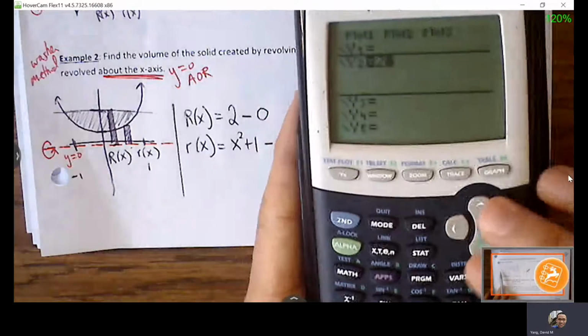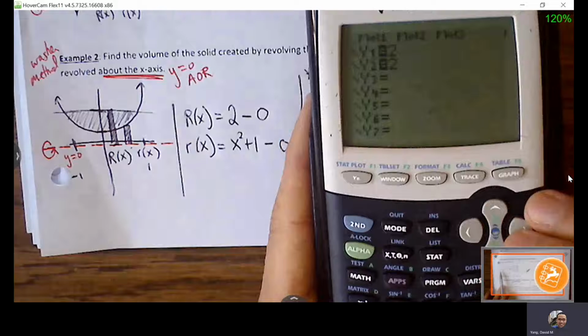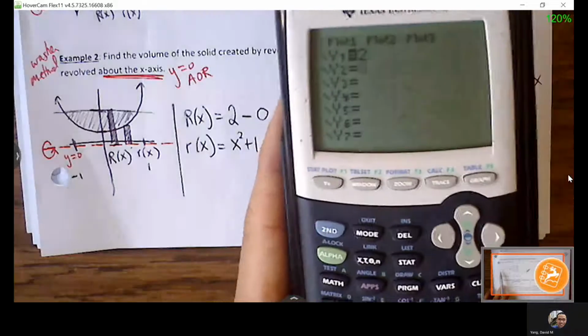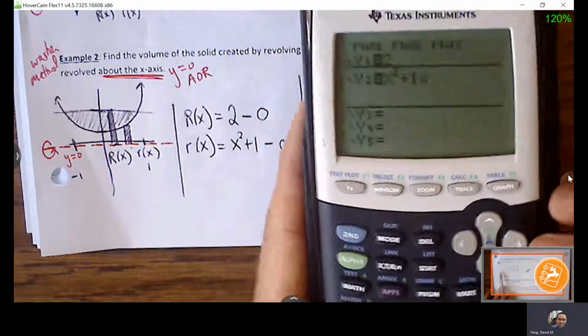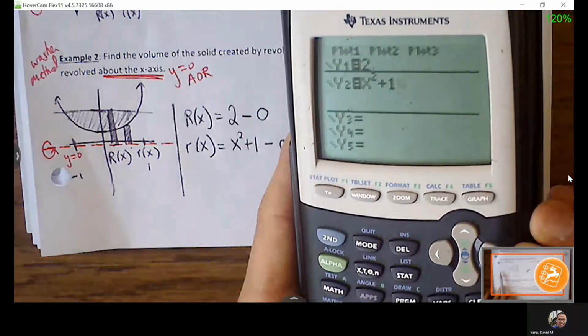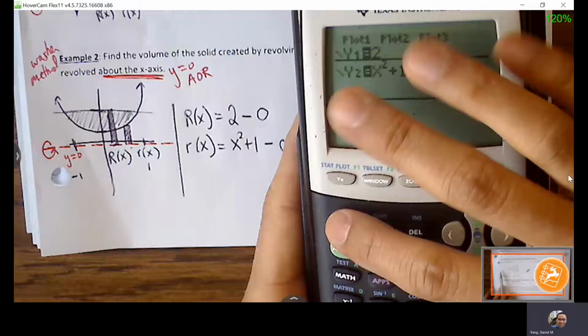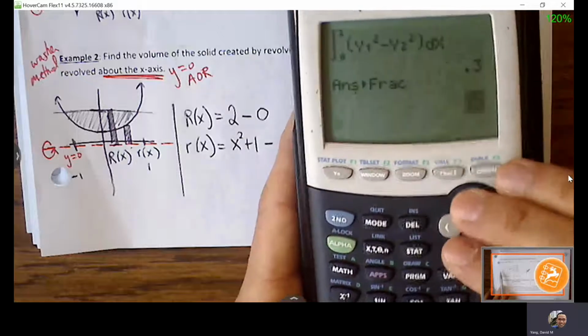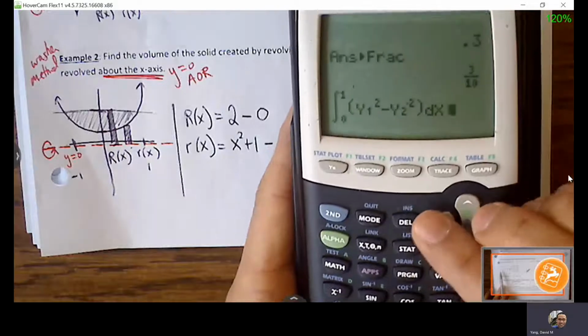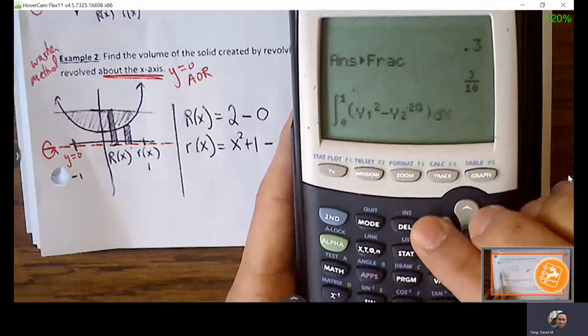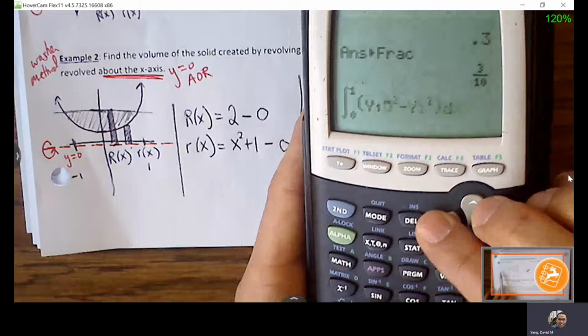Okay, so I'll let 2 be big radius. I'll let x squared plus 1 be little radius. Go back to my home screen. Scroll up to my previous entry, and all I'm going to do is just change my bounds.